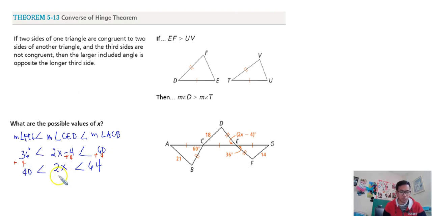And then divide everything by 2. Therefore, your x range is: x must be greater than 20 but less than 32.